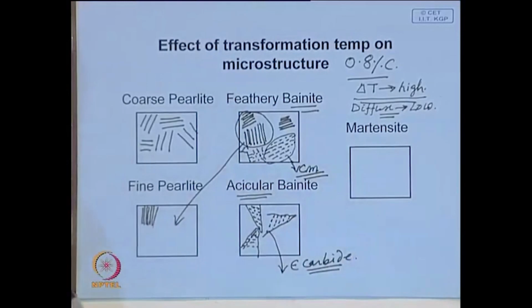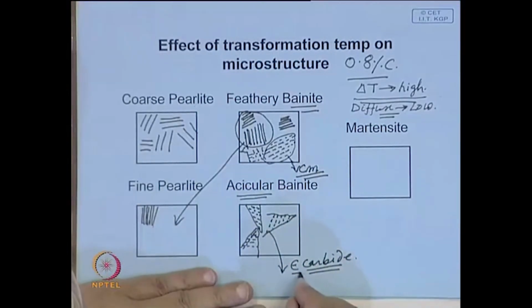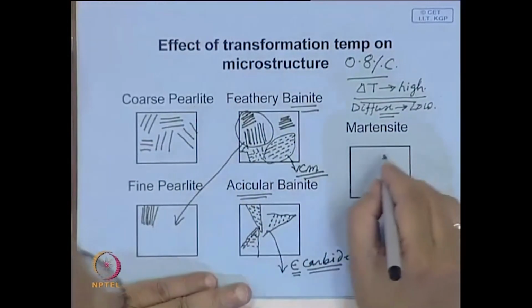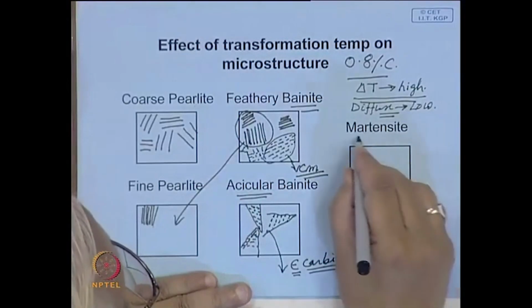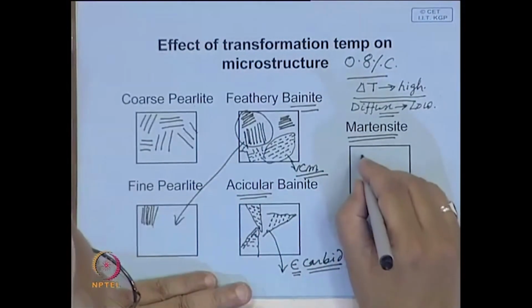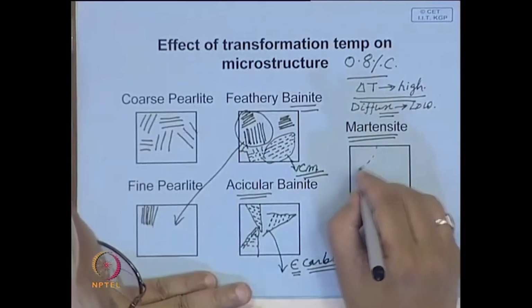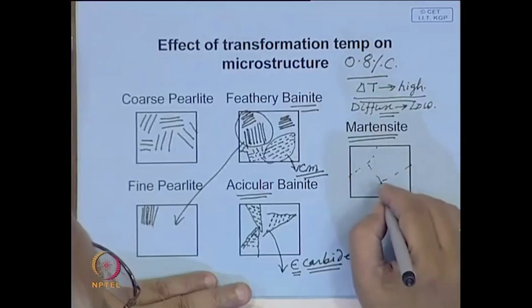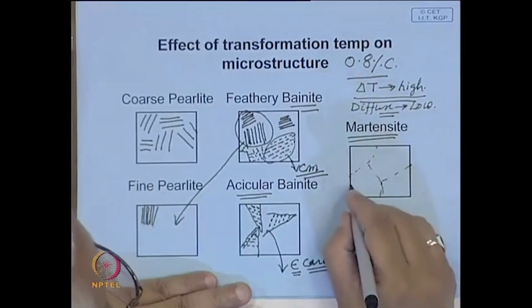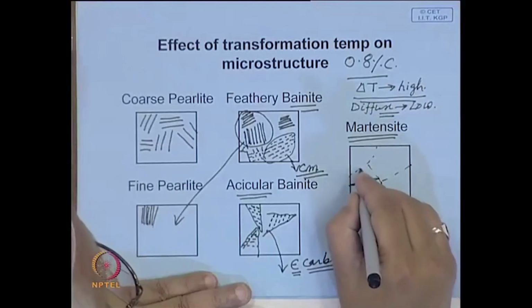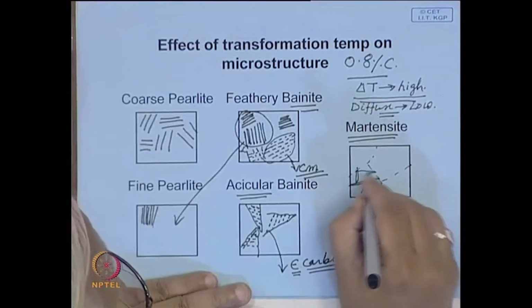And we have seen that metastable structures may have different compositions and different crystal structures. And now, in this extreme case, when you have martensite, you do not allow the carbon to precipitate out. If these are the austenite grains, within this austenite grain you have a needle type of structure forming, an entire thing.